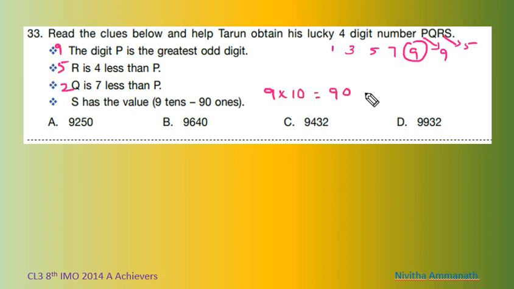That is 90. Minus 9 ones means 9 into 1, that is 9. So 90 minus 90 is 0. So S equals 0. So PQRS is 9250. A is the correct option. Next question.